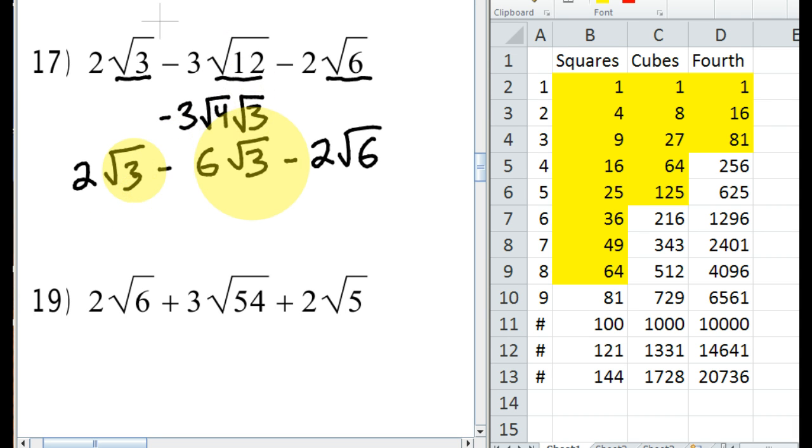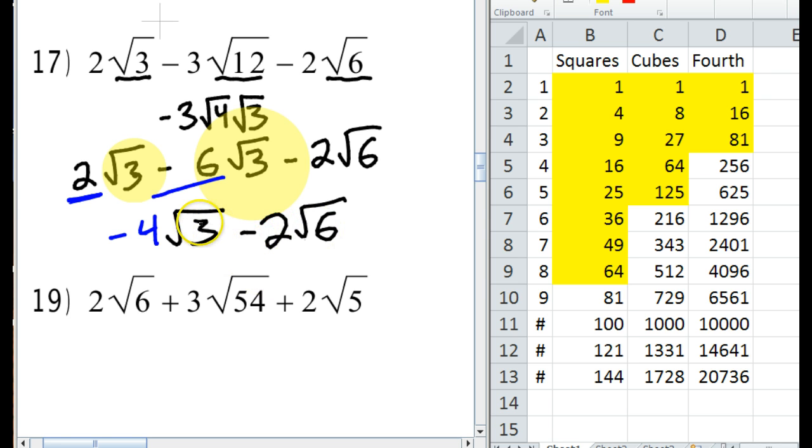So the ones that do come out to be the same, we'll combine them together. And so what is 2 minus 6? Negative 4. And notice how it stays radical 3. Over here, it's just going to be minus radical 6. Can't simplify that to make them all the same. And that's as far as we go.